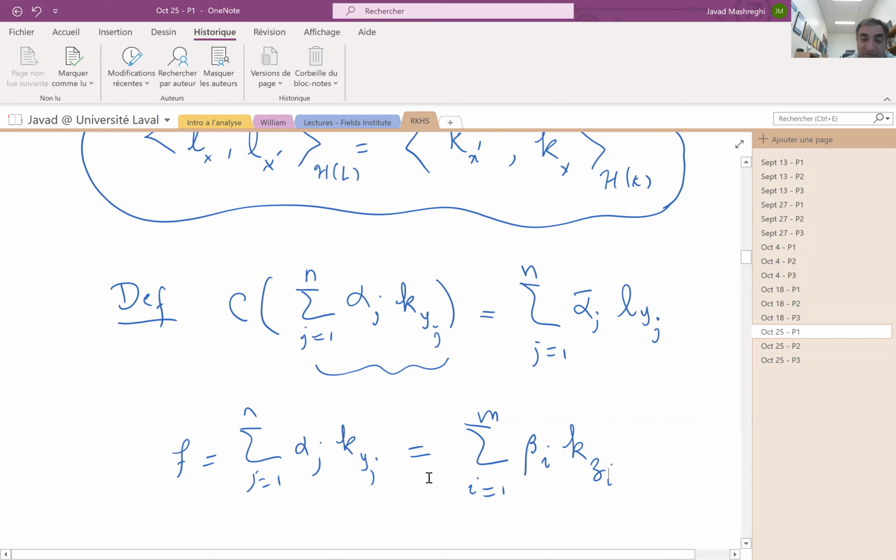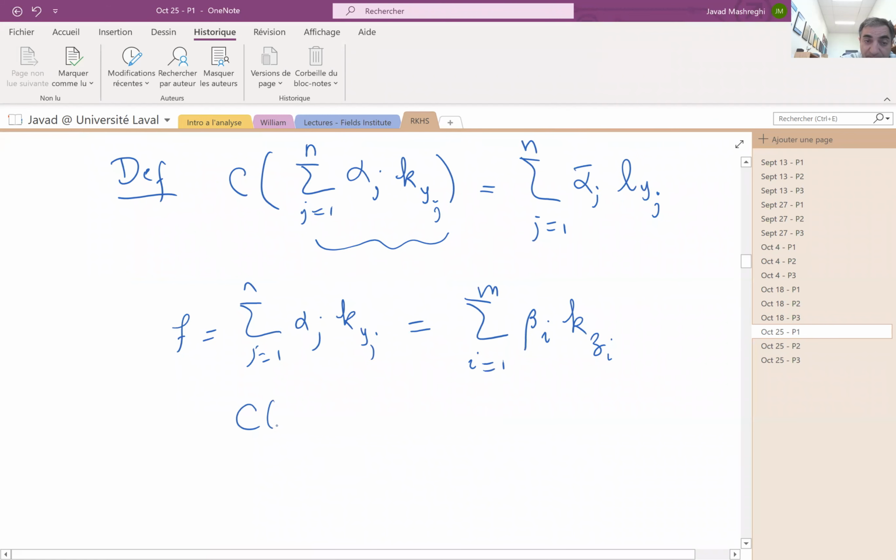So briefly speaking, F might have several combinations like this. And when we define C, we might use this combination. So it gives us one C of F with this one, and another formula with this one. And in the general setting, there is no clue that these two are the same. If not, it's not a good definition.